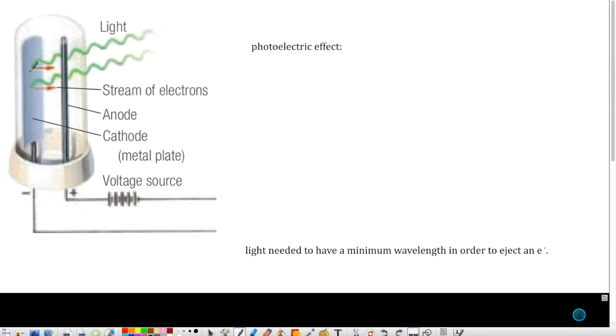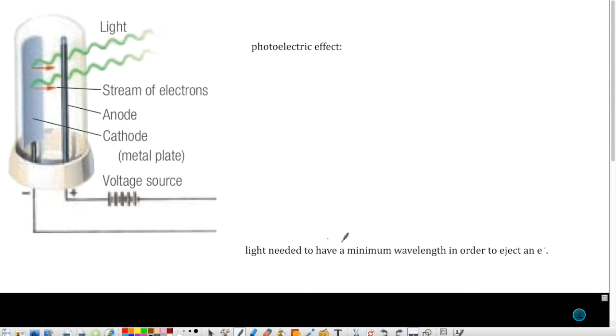But what scientists found was that when they shone light on one of the plates, that light was able to knock off some electrons, and then the electrons could go from the negative plate, where electrons would be, to the positive plate, where there were no electrons. So that's kind of the photoelectric effect.